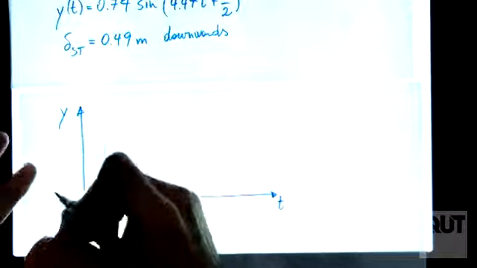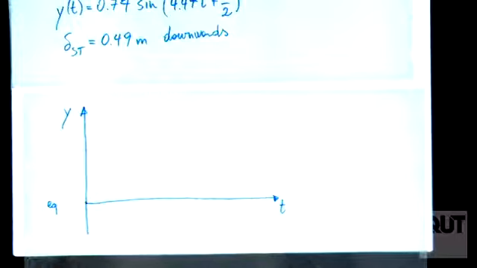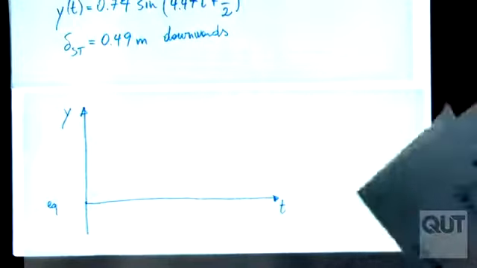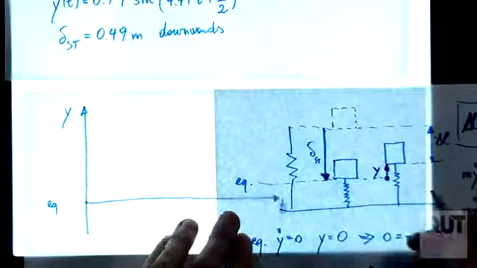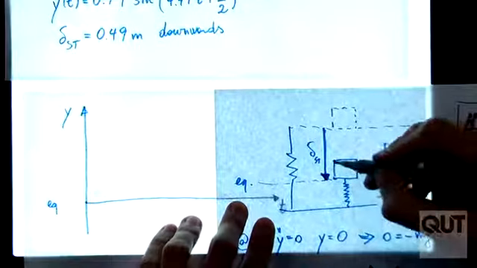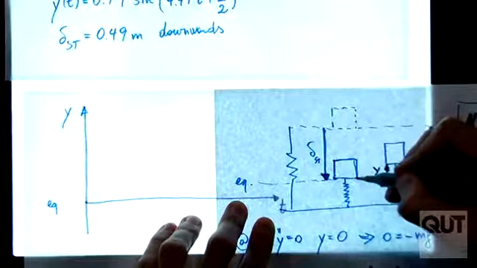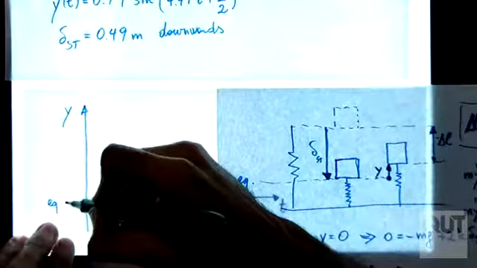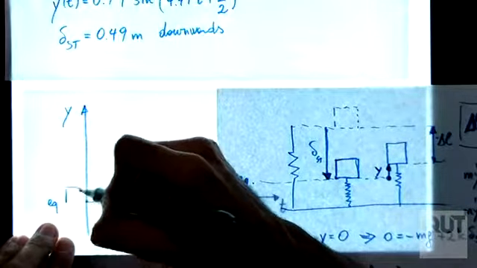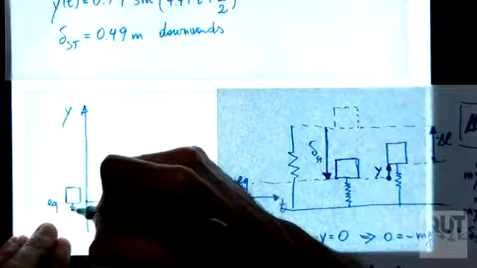So this is the equilibrium position. y equal to 0 corresponds to this position. When the mass is here, y is equal to 0. Clear? So I'll draw it here just to remind us that this is the equilibrium position.